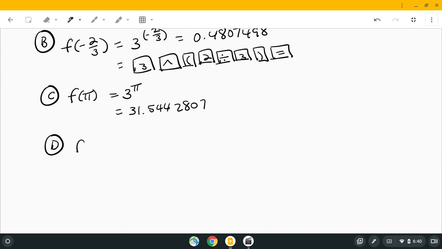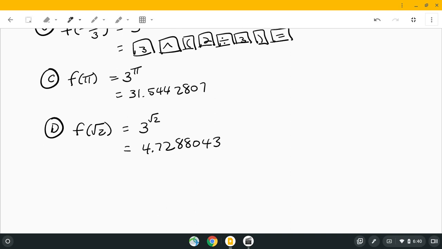And f of square root 2. That would be 3 to the square root 2. Check to see if you're able to get 4.7288043. All right, so let's do some graphing.